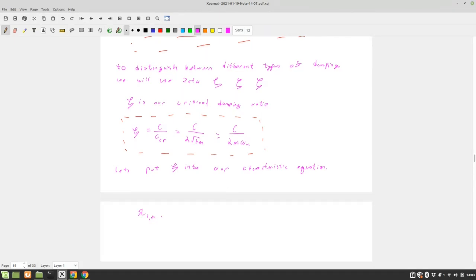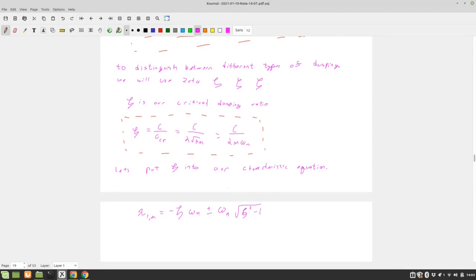So lambda of 1 comma 2, again we have two solutions, is equal to negative zeta omega n plus or minus omega n square root of zeta squared minus 1, right?